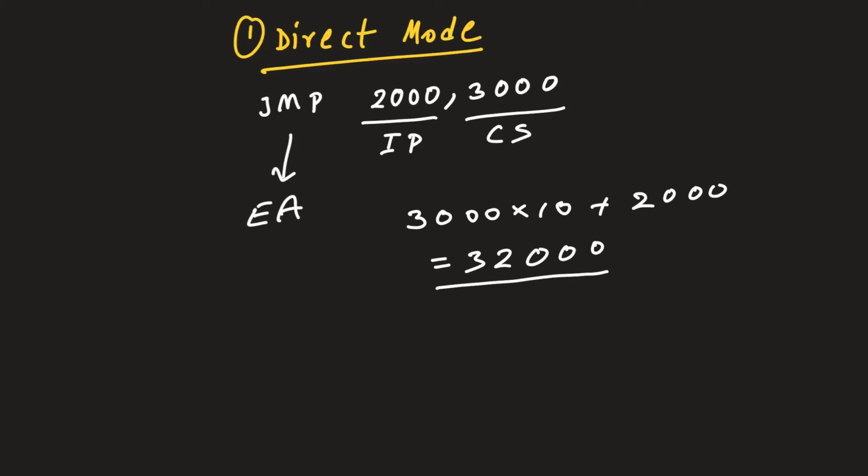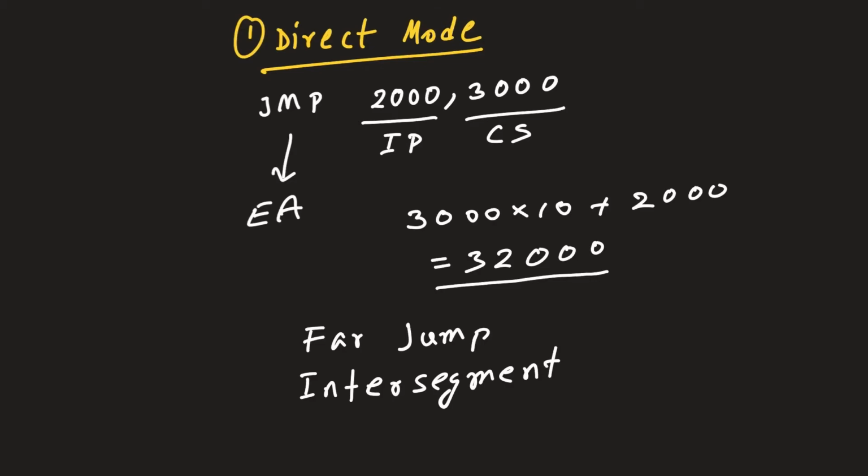As we are changing the content of the code segment here, it's called a far jump or an inter-segment jump.